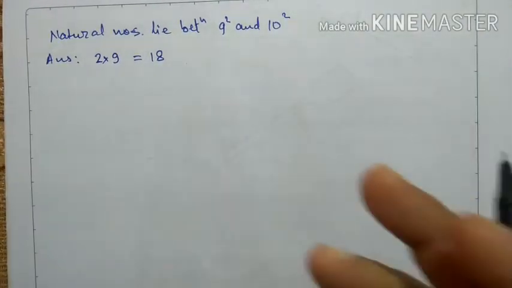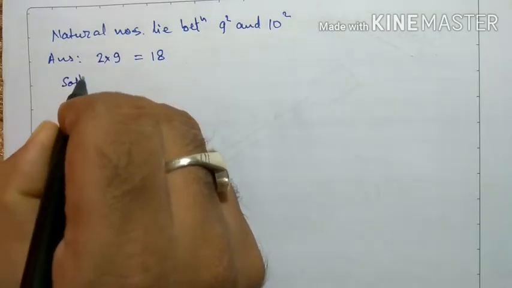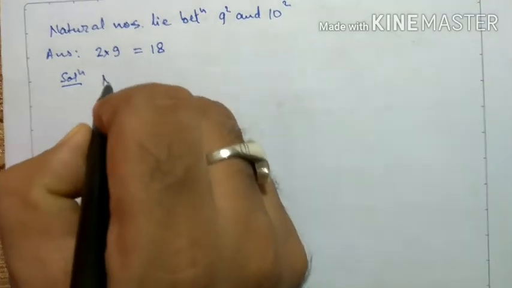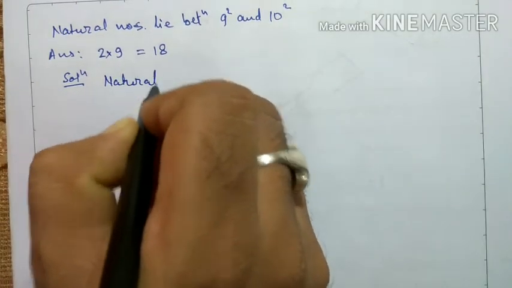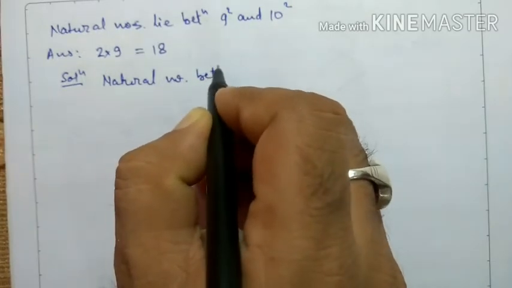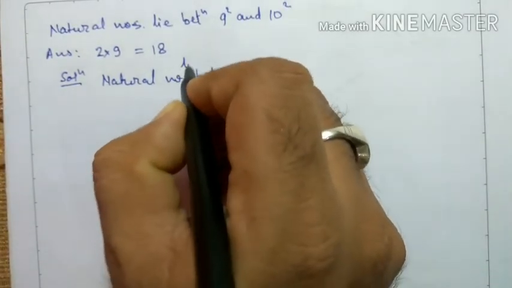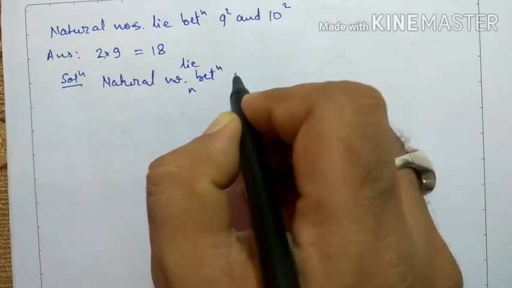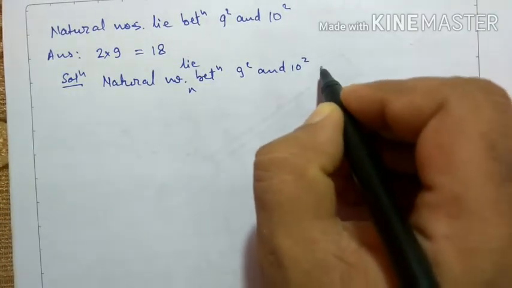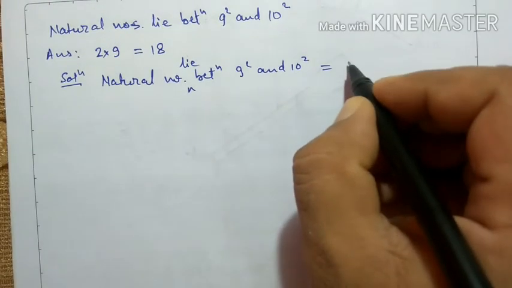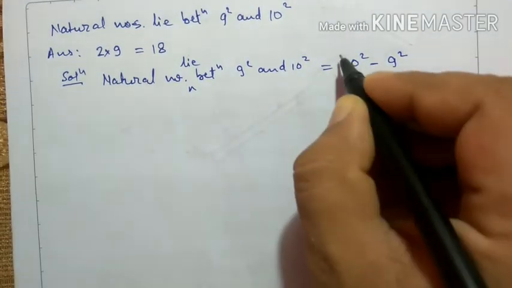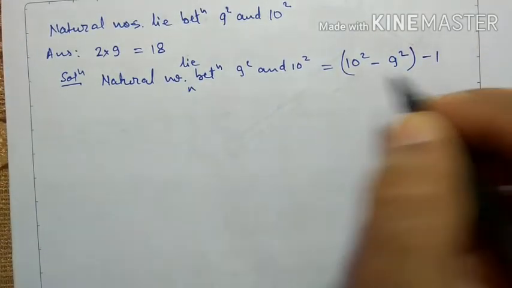If we want to check with a proper solution, the natural numbers that lie between 9 square and 10 square are equal to 10 square minus 9 square minus 1.